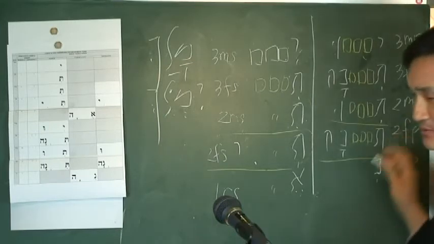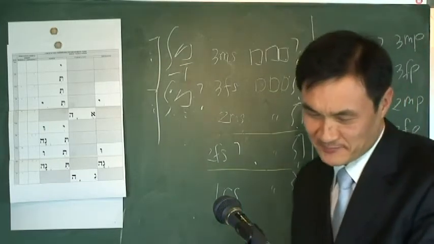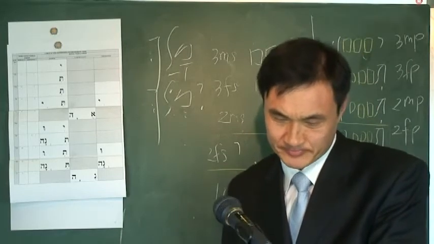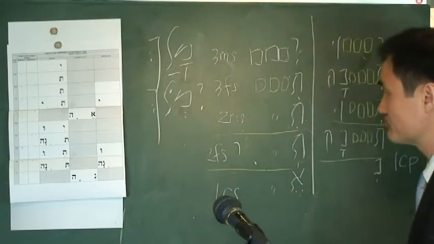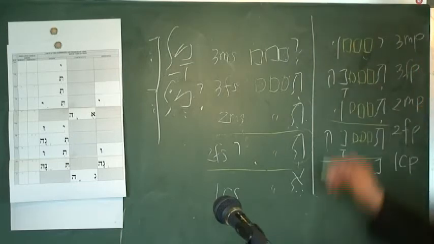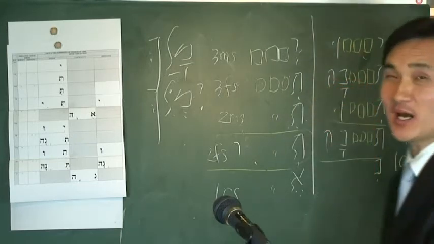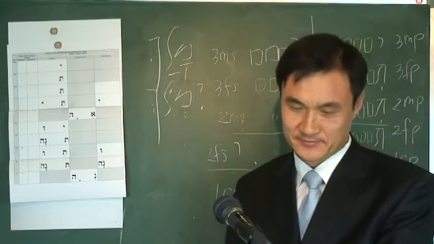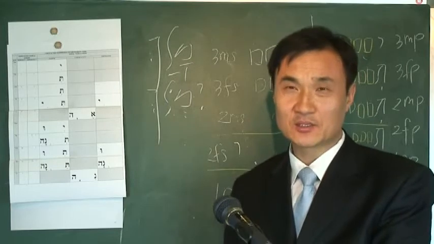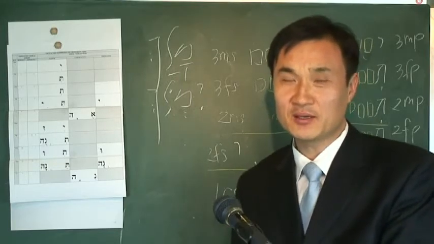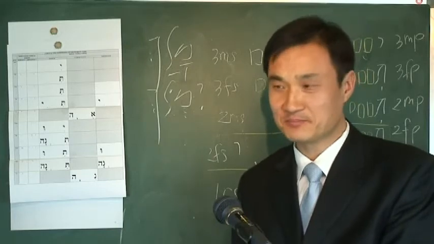Now we can find the third person imperative, the jussive, from the imperfect form. Please remember that the form of the jussive is the same as the imperfect form.